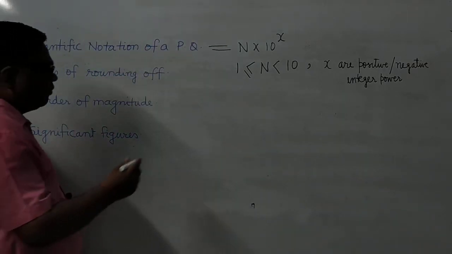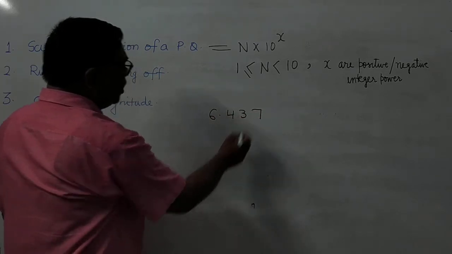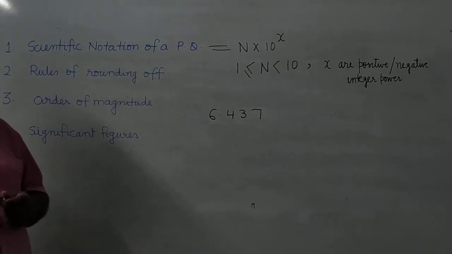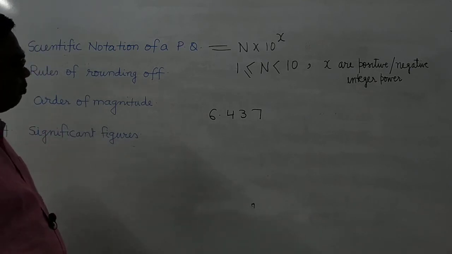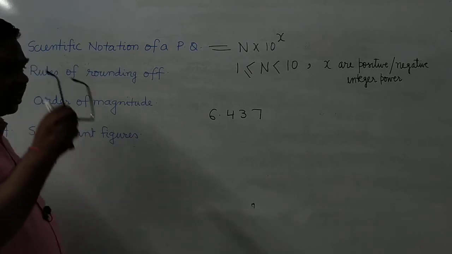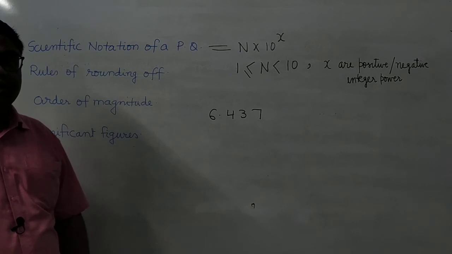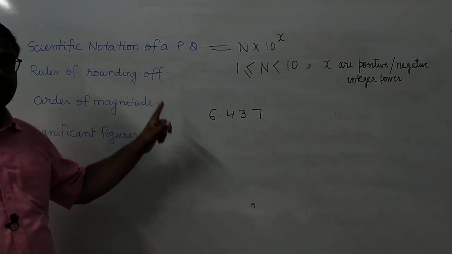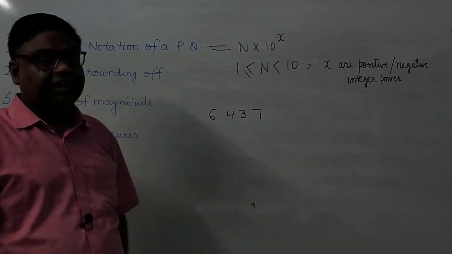Now suppose if it is given 6.437 and you have to round off up to 2 decimal places. So you see the third decimal place. If the third decimal place is greater than 5, then it will be removed by adding 1 in the preceding digit.